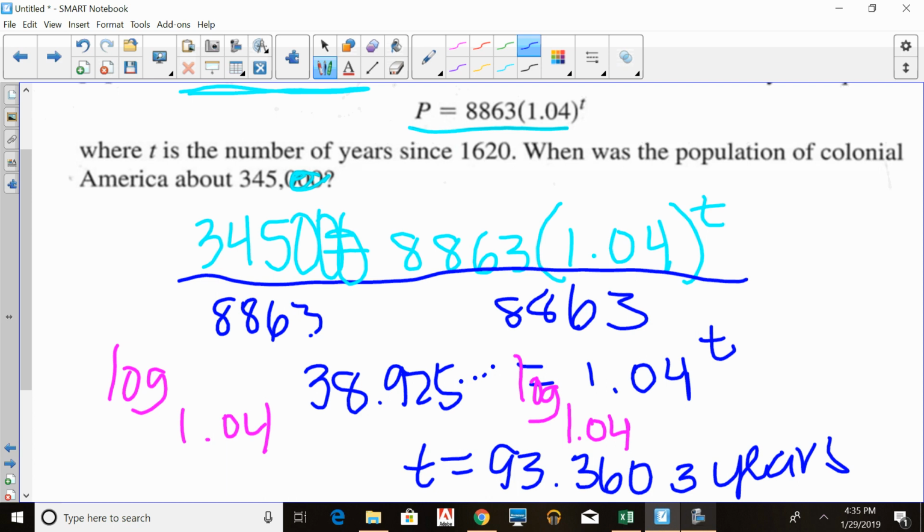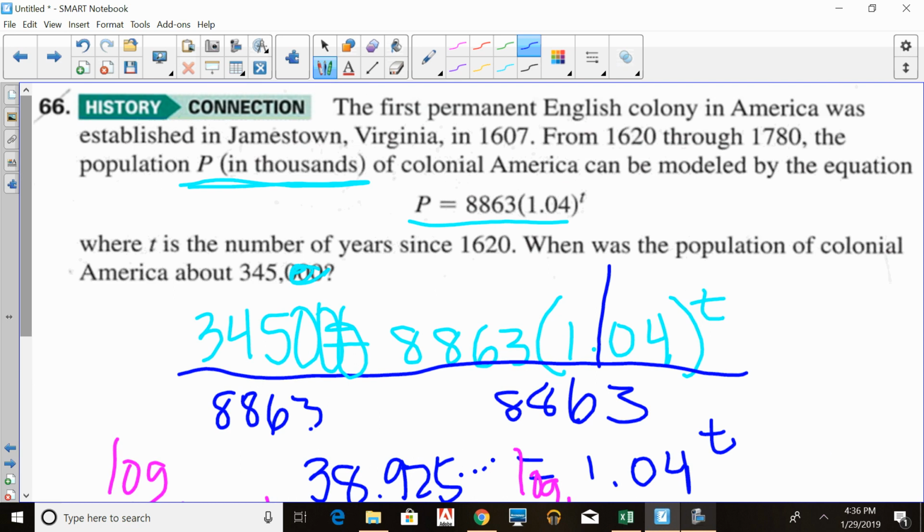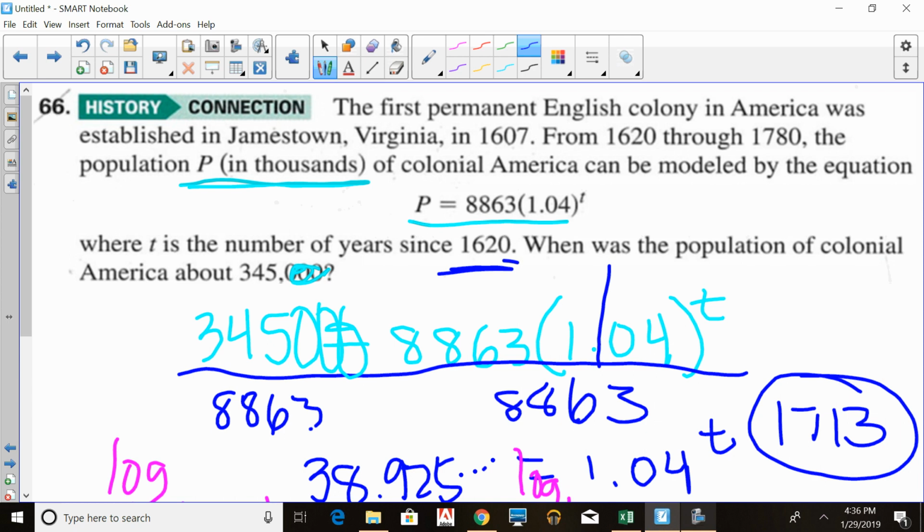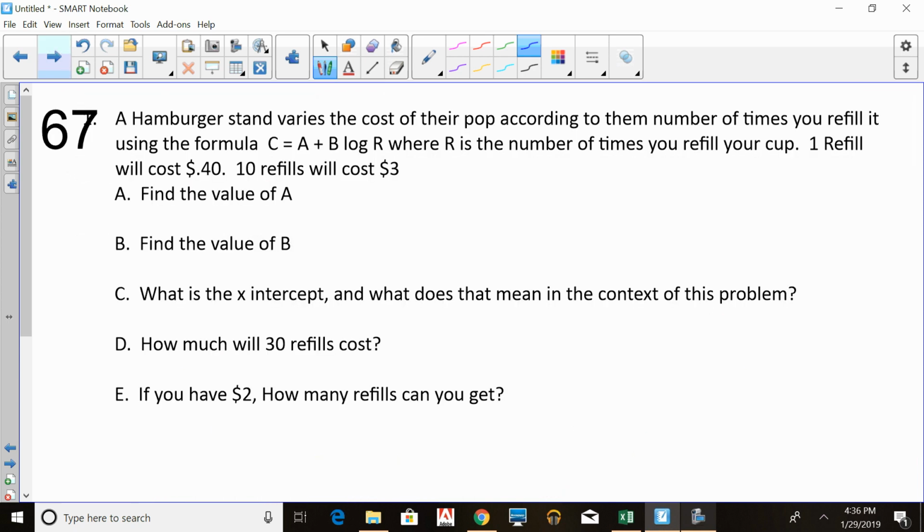So now when was the population? Well, 93.4 plus 1620, because that's when it started, would get you 1713 was the year that it happened. Alright, and 67.